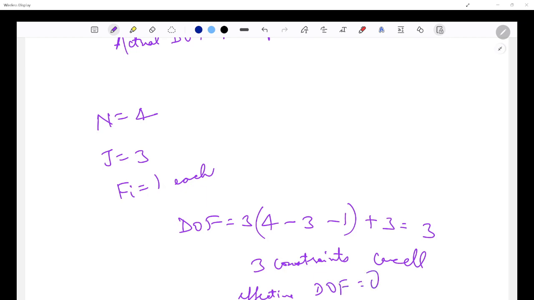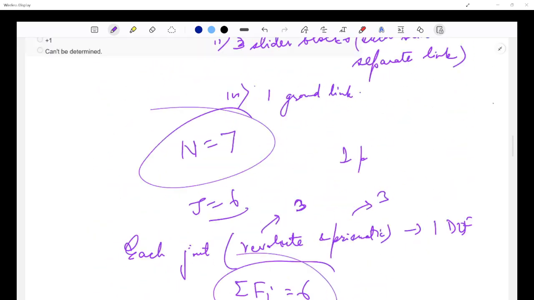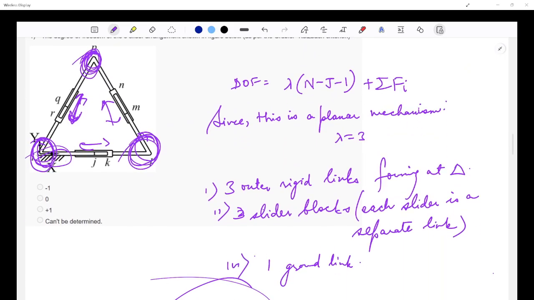So Grubler counts constraints as independent. Here they are not independent. So the formula says 0 degrees of freedom, but the actual motion is 1 degree of freedom. The first option here is plus 1, and then minus 1. Negative degree of freedom means over constraint, but the counting here does not give negative, so it is wrong.